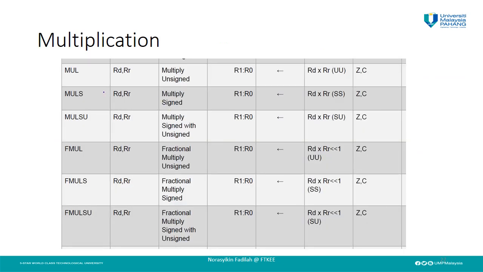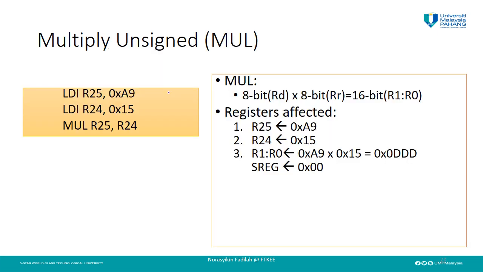For multiplication, there are 6 instructions, but for this course, we will just focus on these two, the multiply unsigned and multiply signed. So for multiply unsigned, in this example, we have the value of A9 and 15 to be multiplied together.